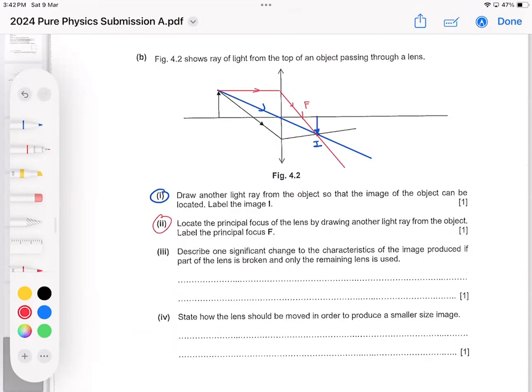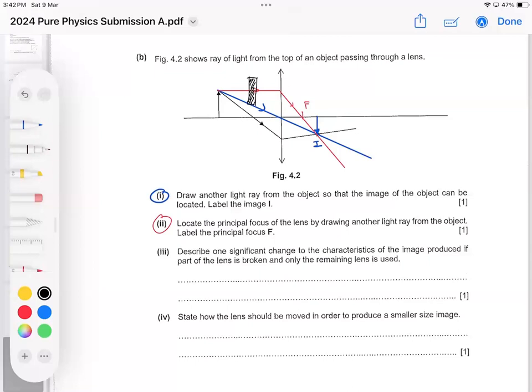Part iii asks us to describe one significant change if part of the lens is broken and only the remainder is used. A common mistake is, let's say part of the lens is gone, then part of the image. Okay, in fact, let's put it this way. Let's say I put a cardboard over here.